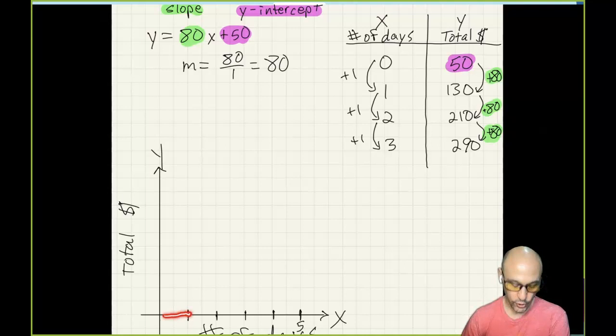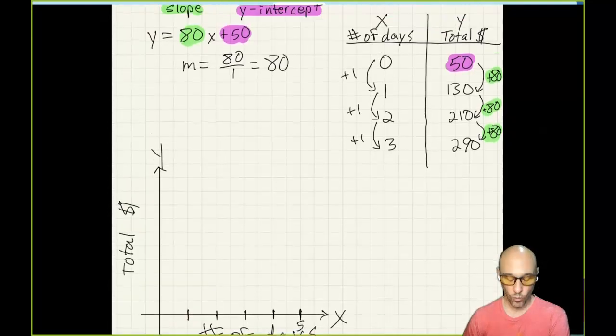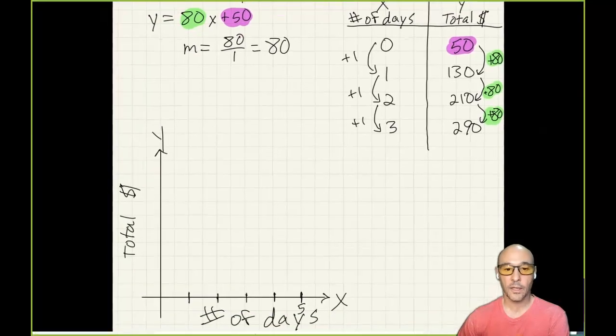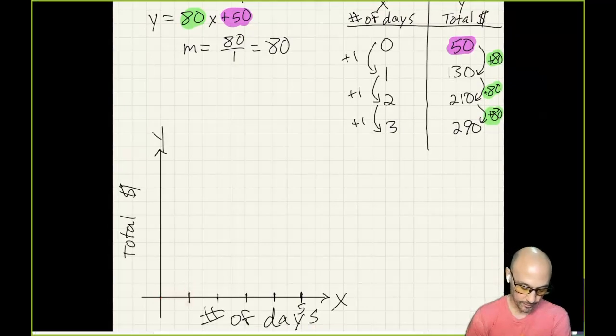So for every 2 grid marks, let me scoot this up just a little. It's going to be every 2 grid marks is going to be 1 day. And on the y-axis, we have to increase by 80. On day 3, so day 3 here, we're going to have to be at $290.